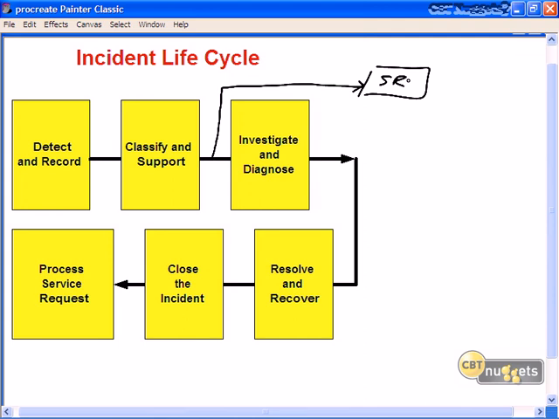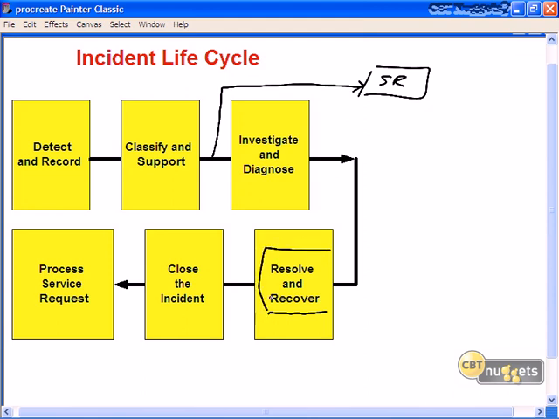Investigation and diagnosis: if there's no known solution at that first tier, then the incident is investigated, either further by that group or through an escalation process. Once you find a solution, the issue can be resolved and the system recovered. And again, this step must take place.